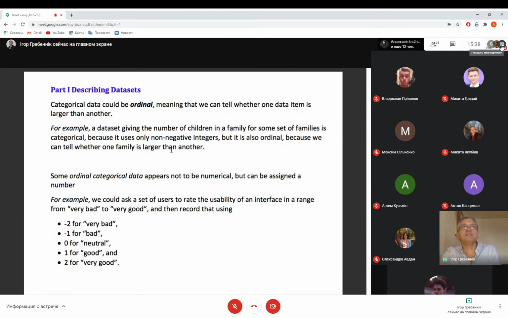This ordinal data allows us to represent the values of the data in a special order. For example, small, average, large, or good, bad, and something between good and bad, neutral, and so on.